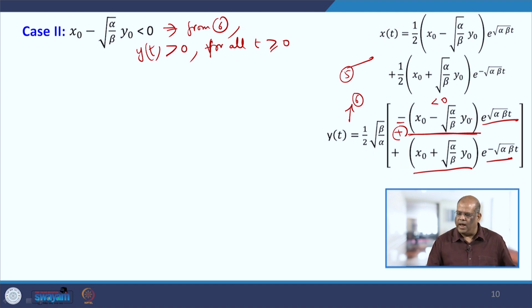So, we say that this is now a negative quantity, this is a positive. So, I do not know whether x(t) will be totally positive or it may go to 0.